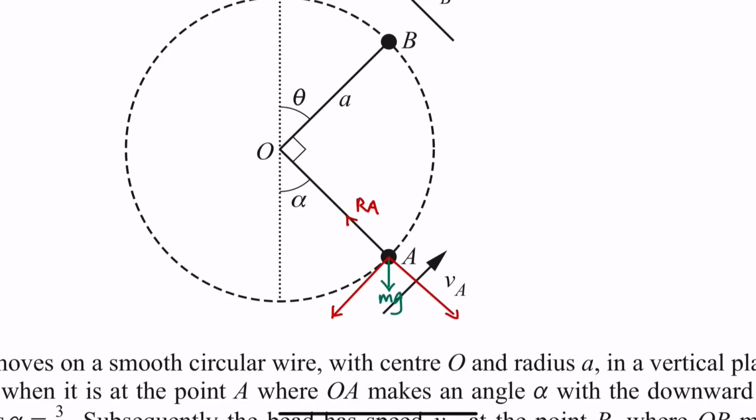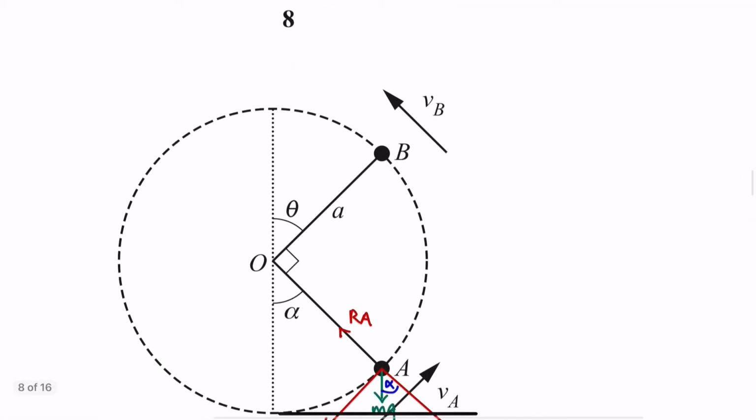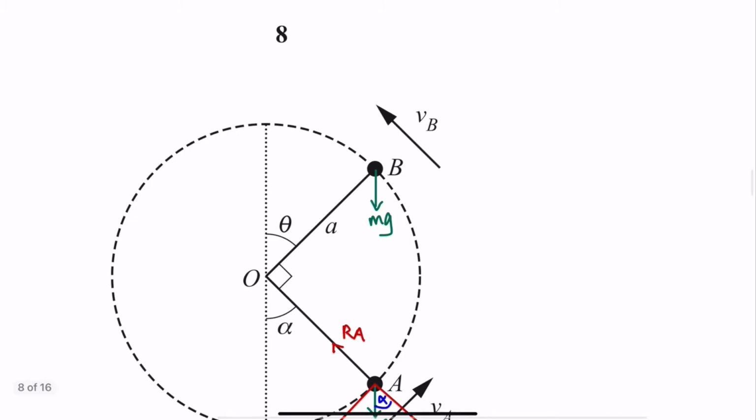We know that this angle is alpha, and therefore we have this angle as alpha. So this would be mg cos alpha, and this would be mg sine alpha. For B, we also have weight, and the weight can be resolved in these two directions.